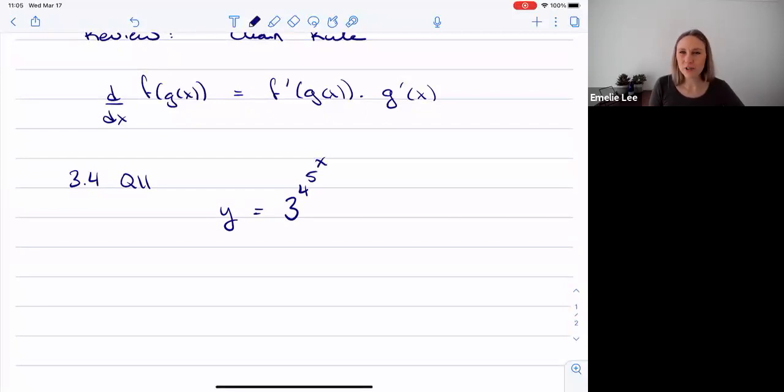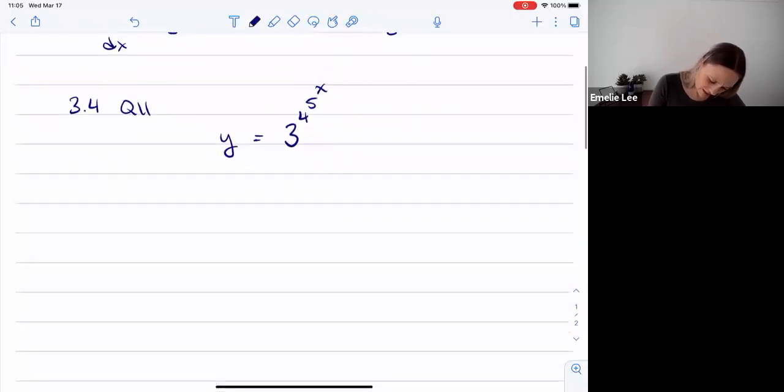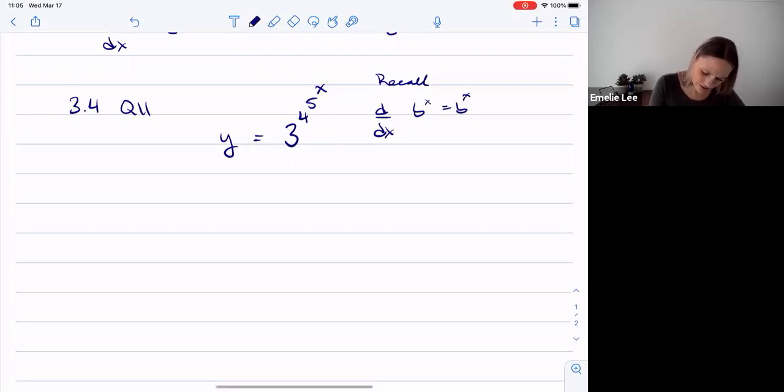And then we were trying to decide how to go about doing this. Recall the derivative d/dx of b to the x is b to the x times the natural log of b.